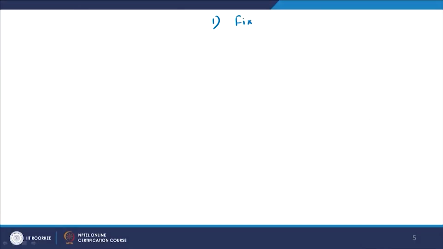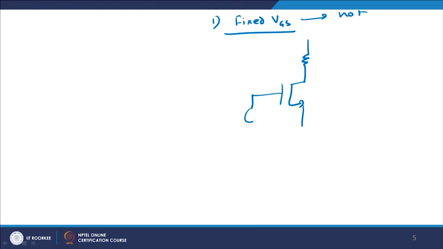The first biasing technique, which people used to follow much earlier, not a very good biasing technique, is the fixed VGS technique, or fixed gate to source voltage. In fixed VGS, you have a drain source voltage, and then you fix up a gate voltage here and you fix up VGS, as I was discussing.